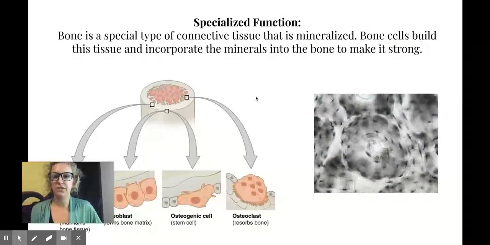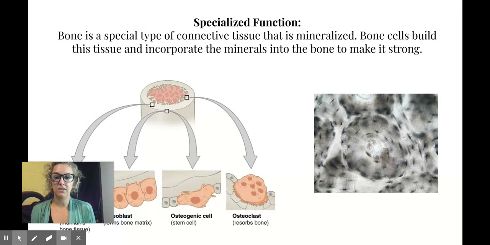The specialized function of osteocytes is that it is a specialized type of cell that produces connective tissue that becomes mineralized. And what mineralization does is it hardens connective tissue. So this tissue is really important because it makes bones strong.